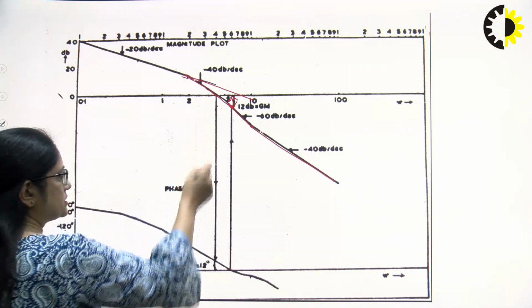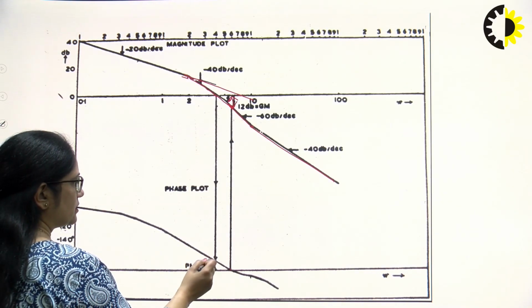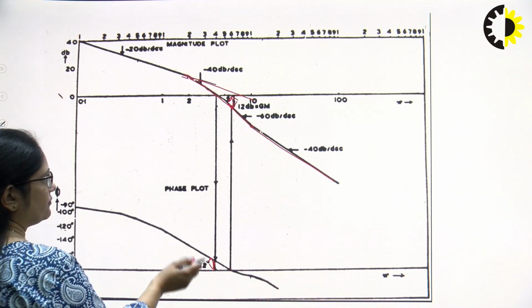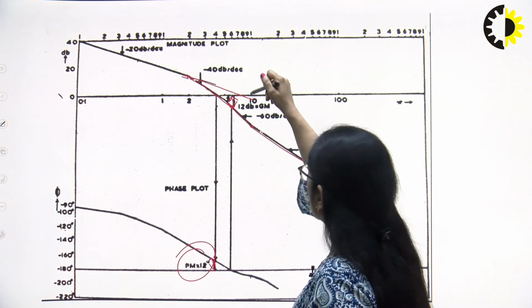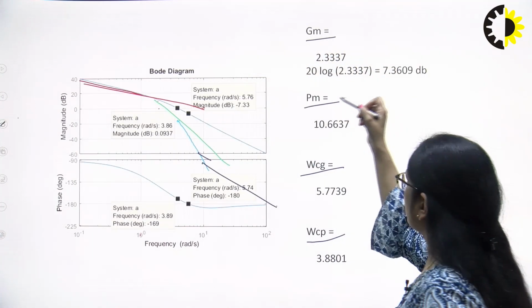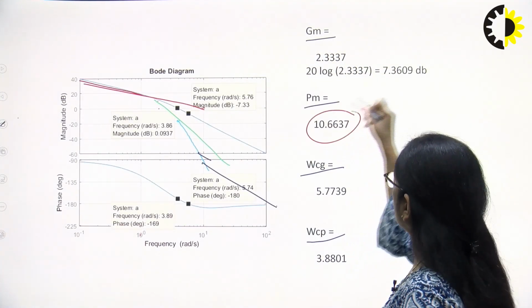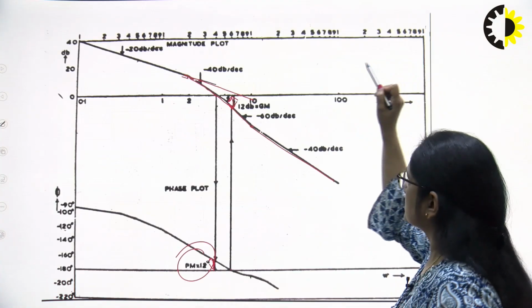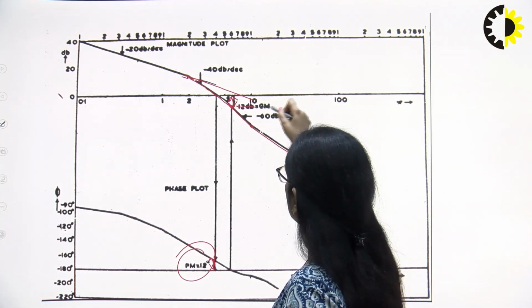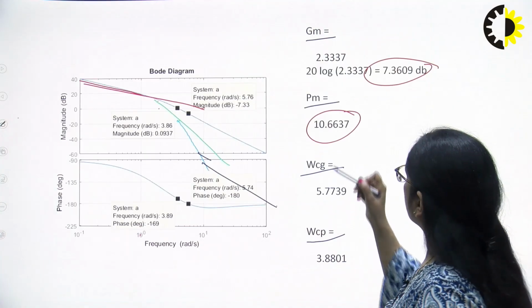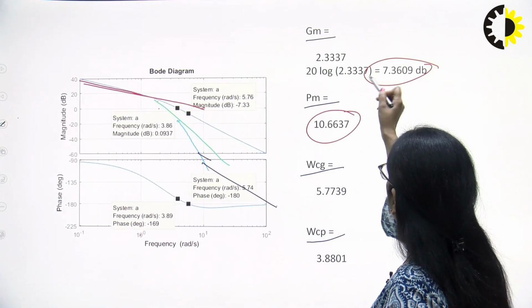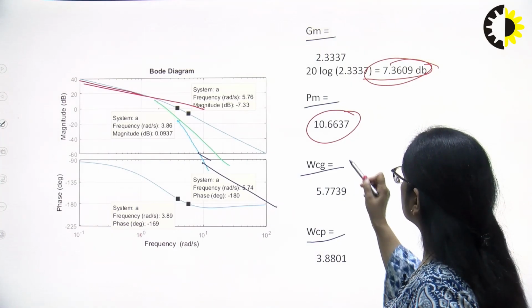So this distance from here is the phase margin, and the phase margin is coming out to be positive. Here we can refer to the actual values mentioned here of the phase margin and the gain margin, irrespective of what is mentioned elsewhere. These are the correct values. This is the gain margin and this is the phase margin.